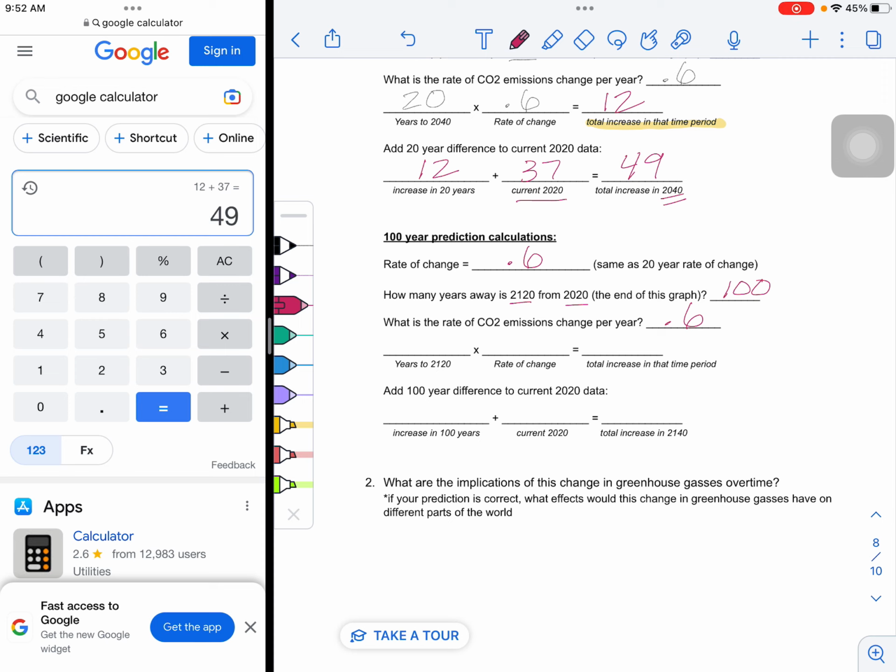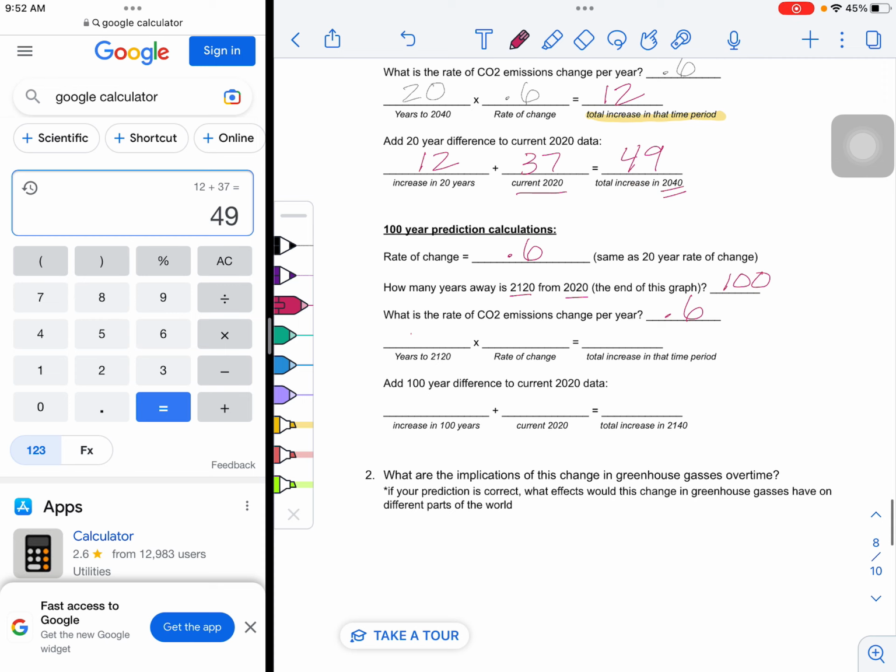So I've got 100 years of changing 0.6 per year. 100 times 0.6, looking at a change of 60. So again, going up 60 billion tons from what it was in 2020, 37, I'm going to see it on the graph be a total of 97 billion tons.